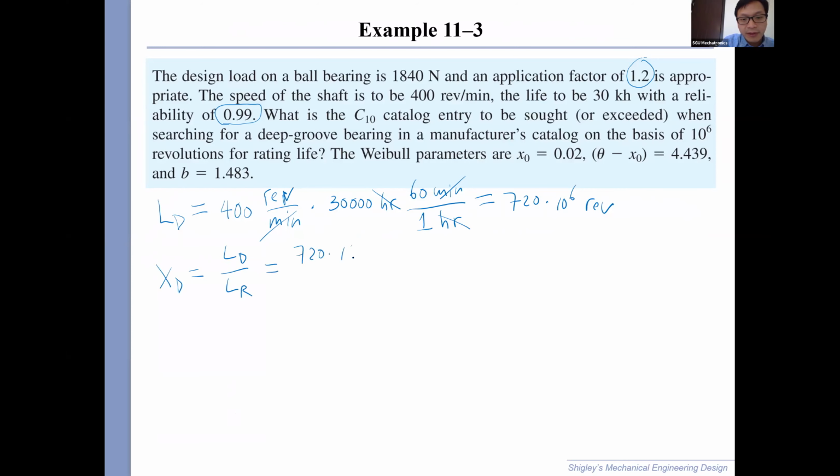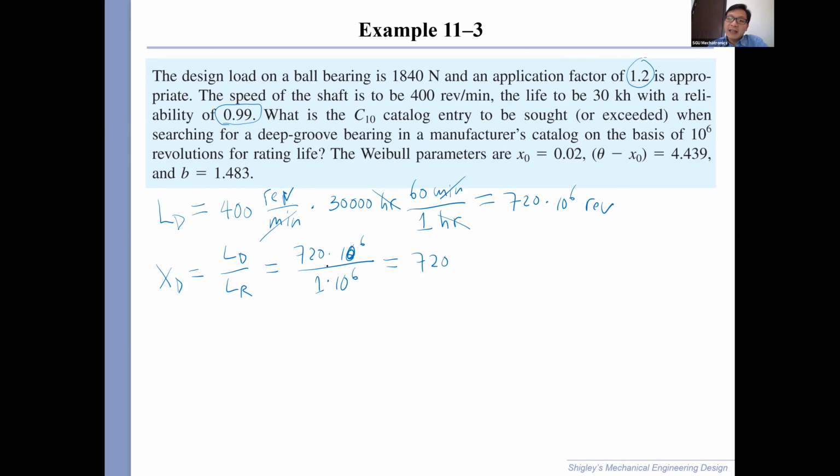720 million divided by 1 million. That's easy. 720. So you can think of this XD as just a multiplication of the rated life.